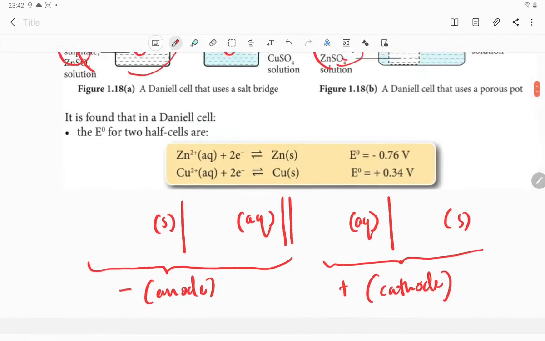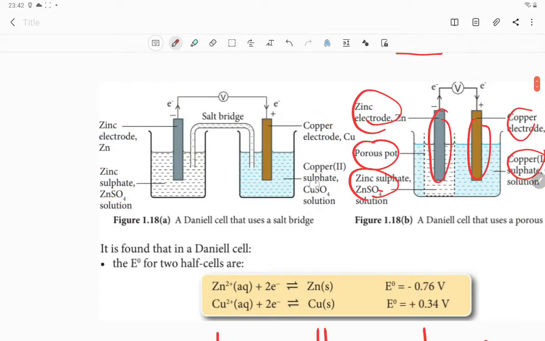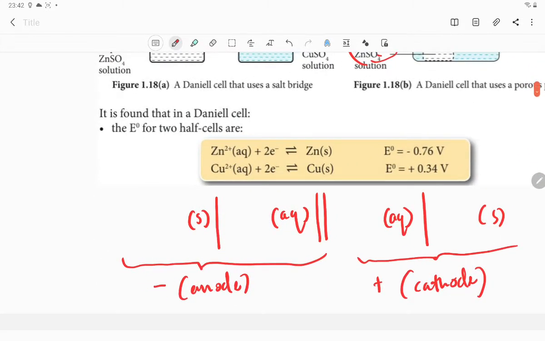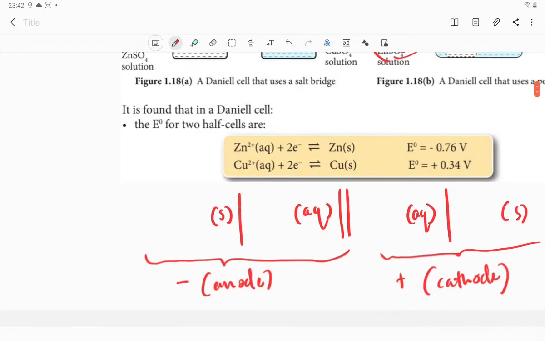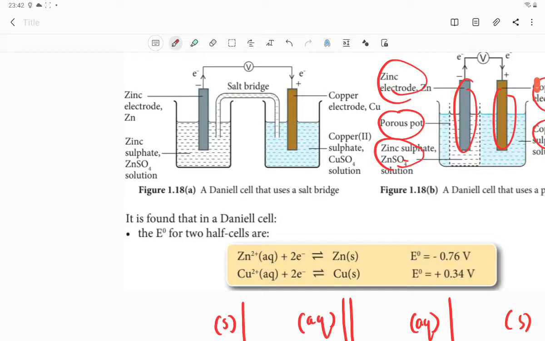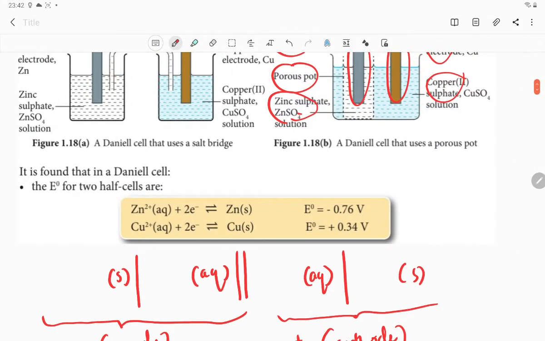Okay, so macam mana kita tentukan? Kita ambil contoh ni lah. Macam mana kita tentukan siapa anode, siapa cathode? Sudah kita cover tadi. So for anode, we have to take a look at the electrode potential value.